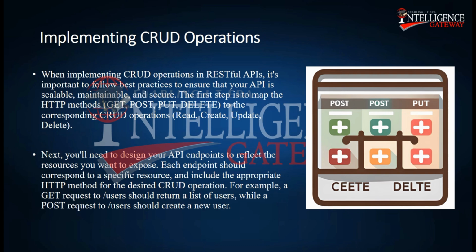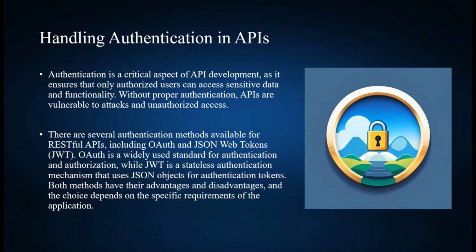Next, you'll need to design your API endpoints to reflect the resources you want to expose. Each endpoint should correspond to a specific resource and include the appropriate HTTP method for the desired CRUD operation. For example, a GET request to users should return a list of users, while a POST request to users should create a new user.